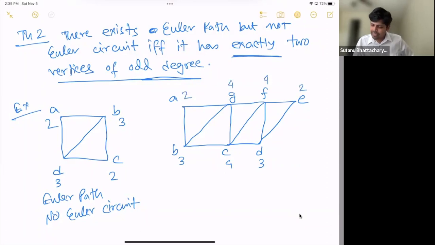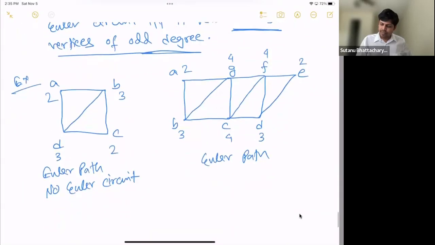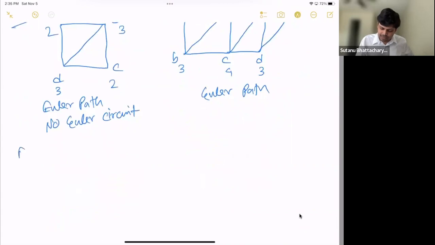So there are exactly two vertices of odd degree. So you will find an Euler path here, but no Euler circuit. You can verify that also. And another one would be another example.